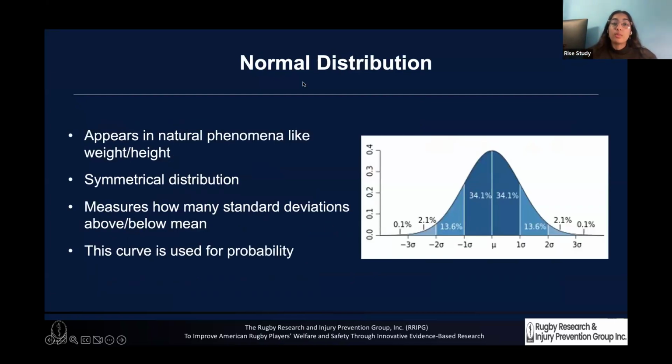And then we have our normal distribution curve. This curve appears in all sorts of natural phenomena like weight or height. It's usually a symmetrical distribution, as you can see here, and this curve is often used for probability. These values basically refer to standard deviations.